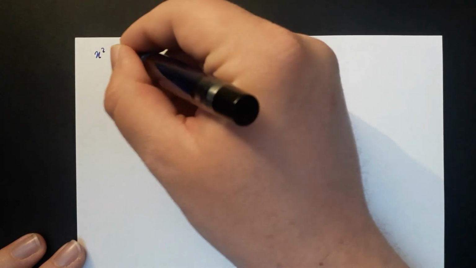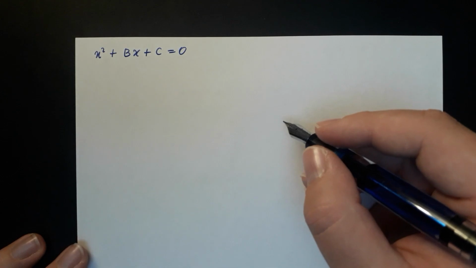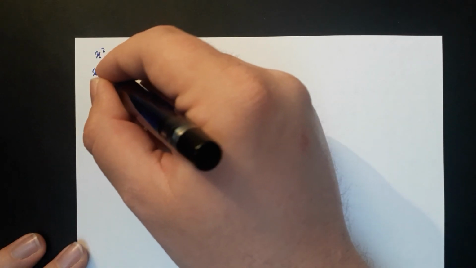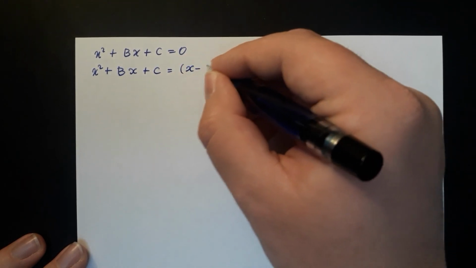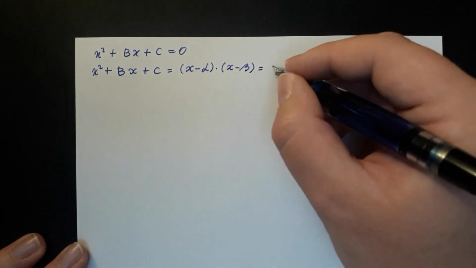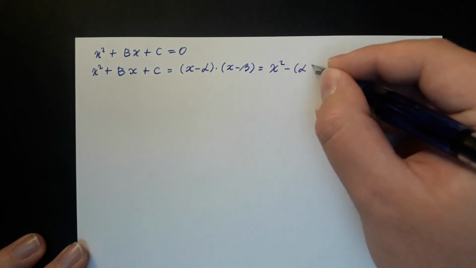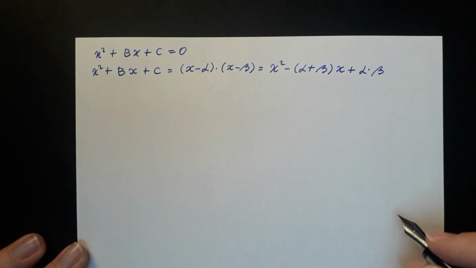Let's now use this method to derive the quadratic formula. Let's first solve the equation x squared plus bx plus c equal to 0. We are going to write x squared plus bx plus c in the form x minus alpha multiplied by x minus beta, which is x squared minus alpha plus beta x and plus alpha multiplied by beta.